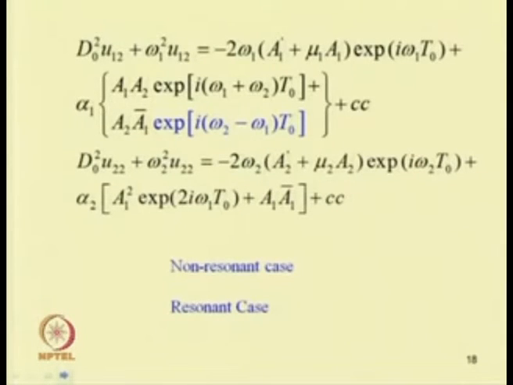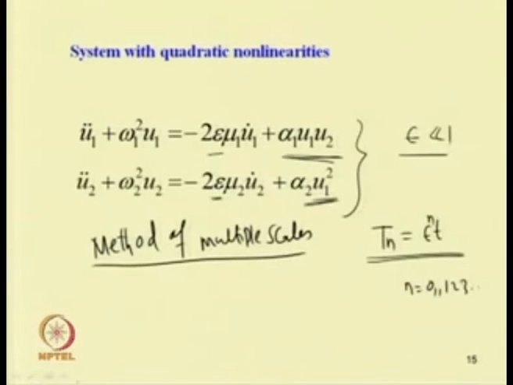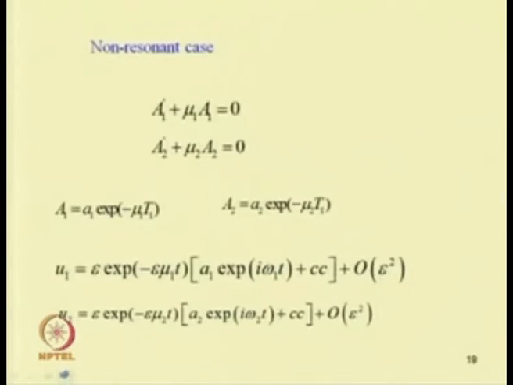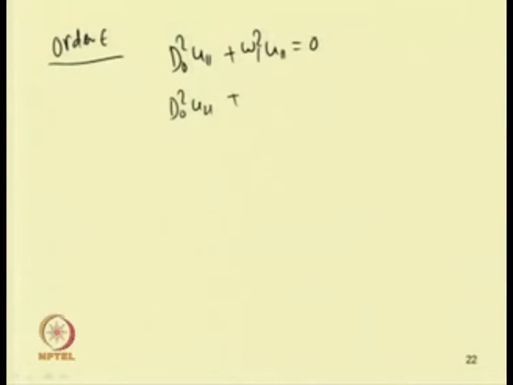At order epsilon, the equations are d 0 square u 1 1 plus omega 1 square u 1 1 equal to 0, and d 0 square u 2 1 plus omega 2 square u 2 1 equal to 0. Similarly, order of epsilon square.